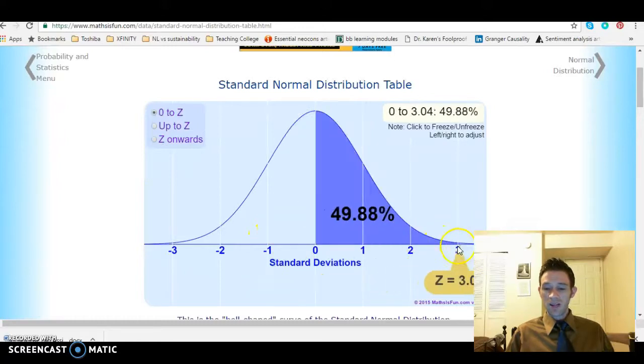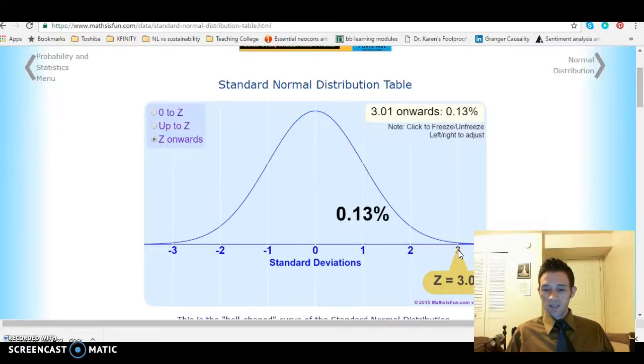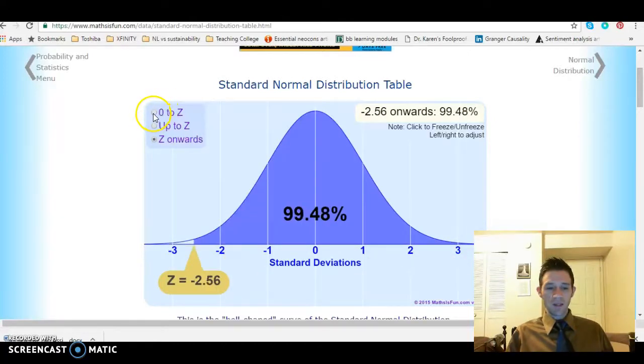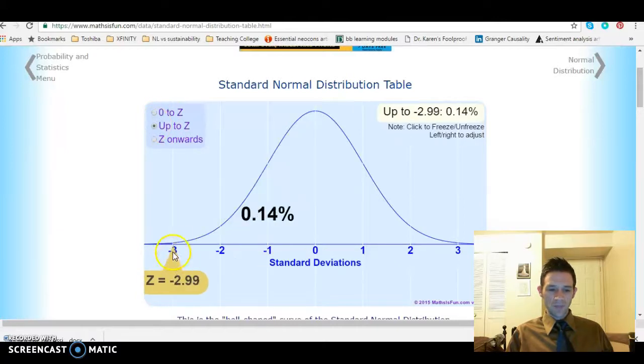So the message is clear: out here past 3, there aren't very many people that average maybe faster than 34 miles an hour or something like that. And there aren't very many people here at -3 that average maybe less than 12 miles an hour in a bike race.